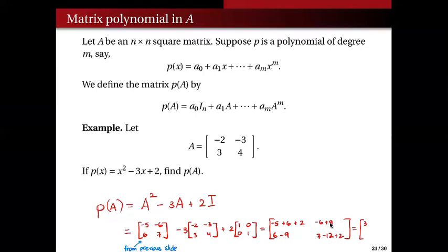Negative 6 plus 9, that's 3 again. 6 minus 9, that's negative 3. 7 minus 12 plus 2, that's negative 3. So this is the polynomial P of A. Questions?